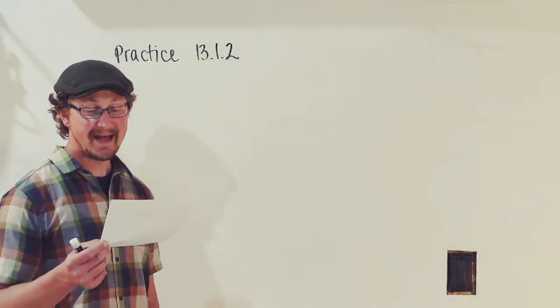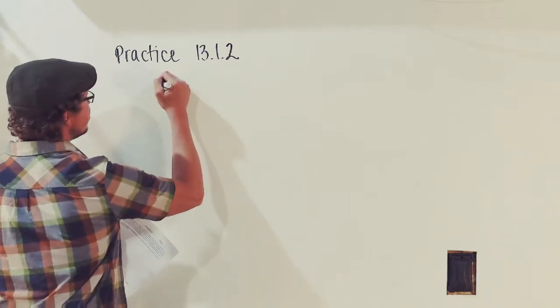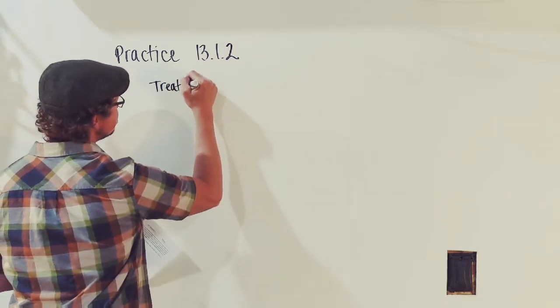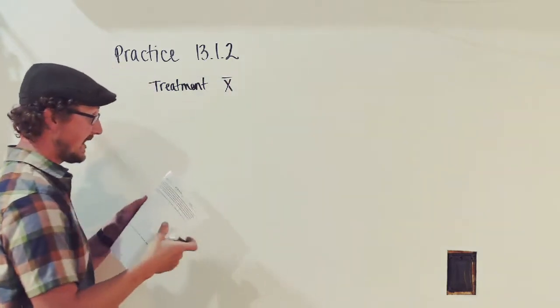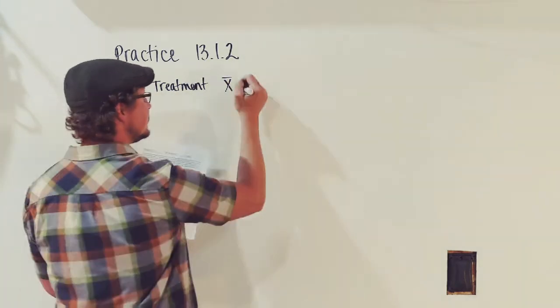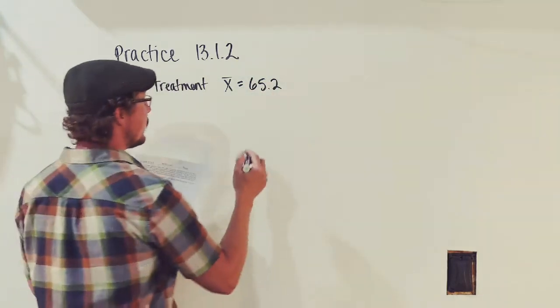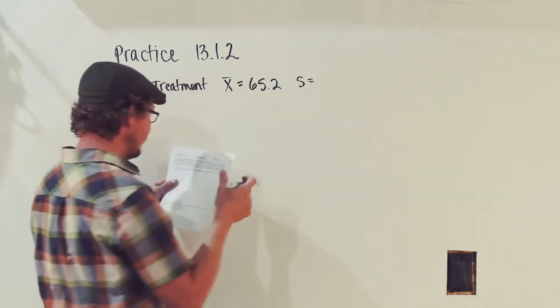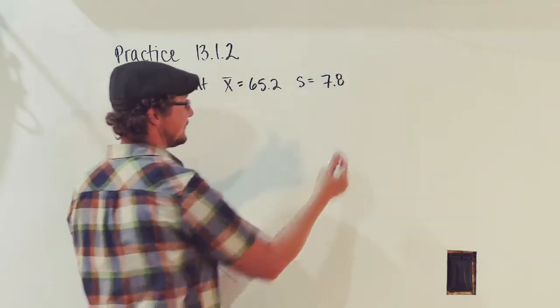The treatment group had, well, let's write this down. So, treatment group had an average of 65.2 beats per minute with a standard deviation of 7.8 beats per minute.